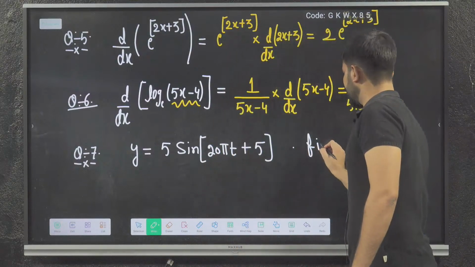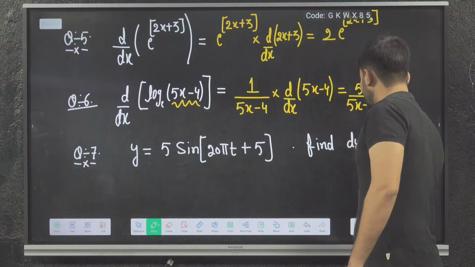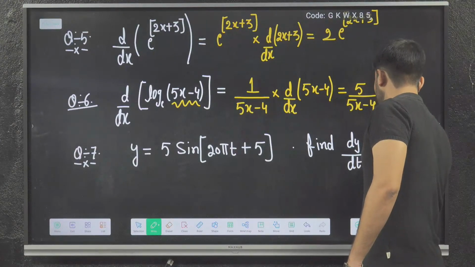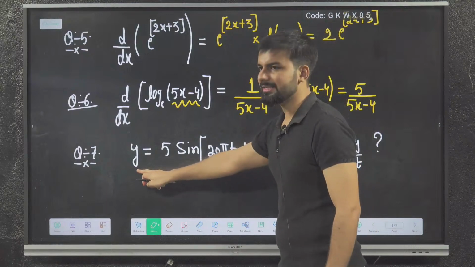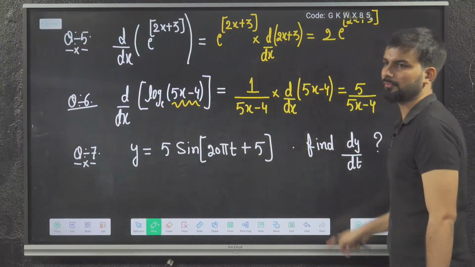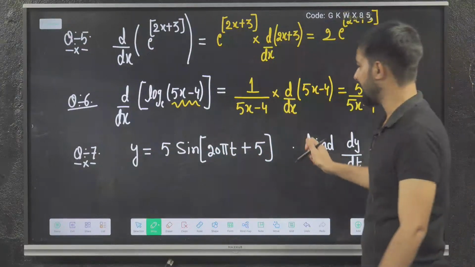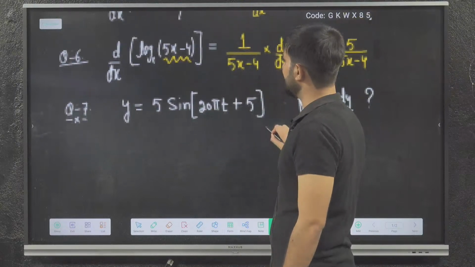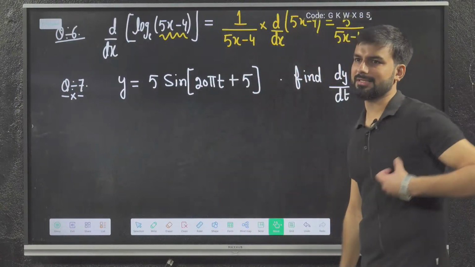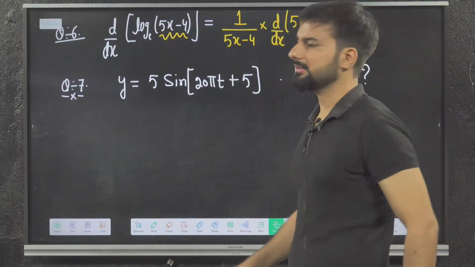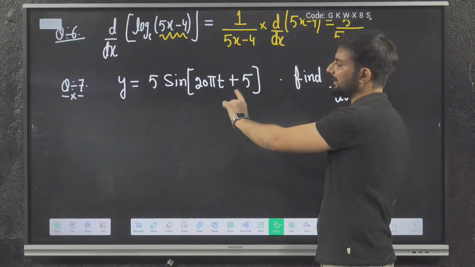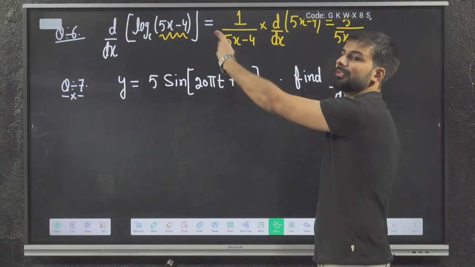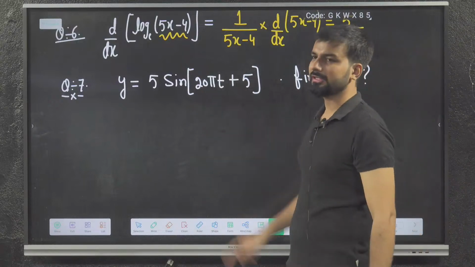Find dy upon dt. Now here there is no y and x; here y is there and t is there. You have to find dy by dt. This is the last question, then I will leave the class. If you are able to answer this question, it means you have understood and you will be able to apply. This is the real formula, the real question which will be utilized in physics based upon differentiation.